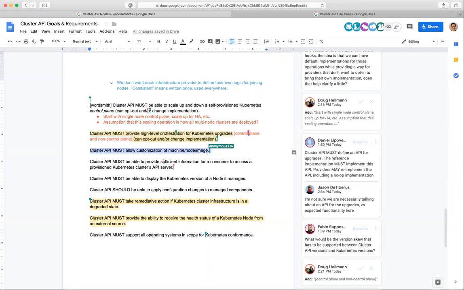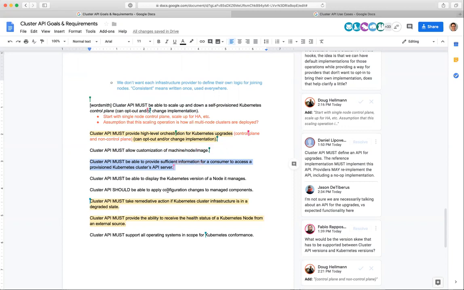Okay, so I added this one just now about customizing the machine/node/image. If people want to put in bullet points about things they're interested in customizing as possibilities, please do so. Next, we must be able to provide sufficient information for a consumer to access a provisioned cluster's API server.